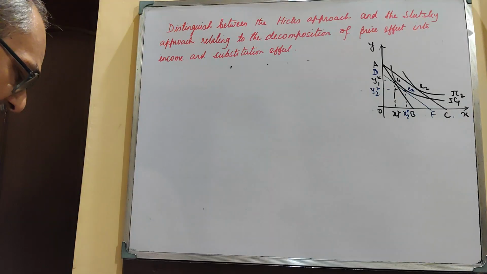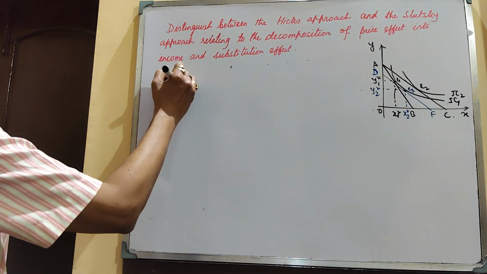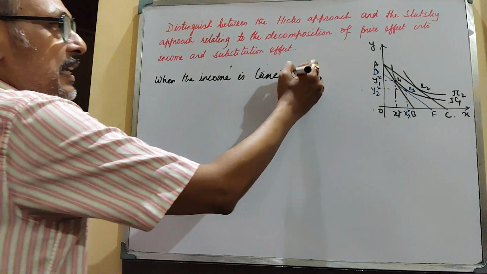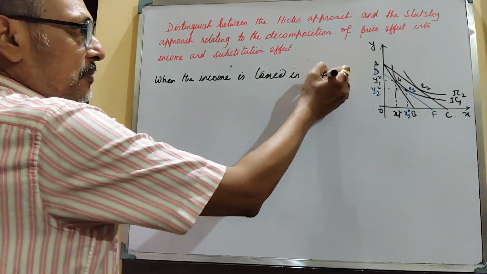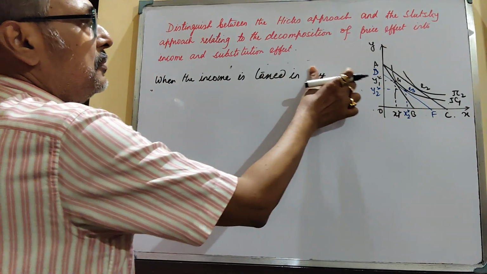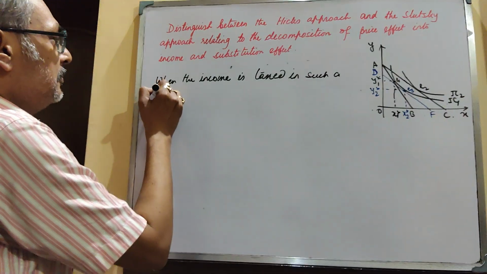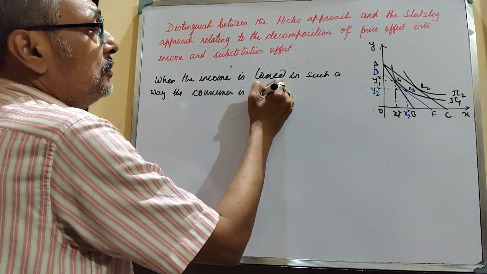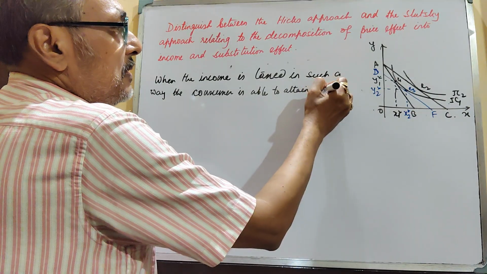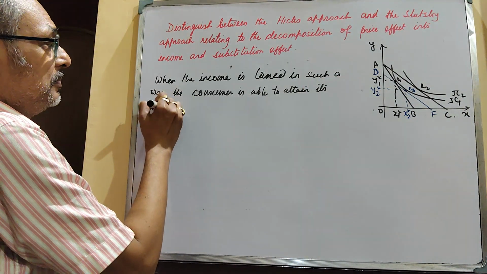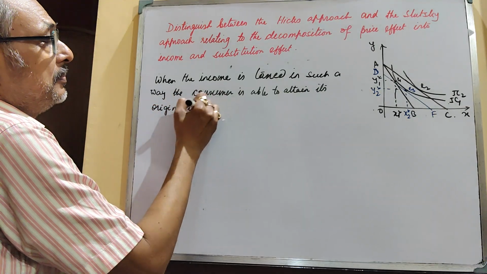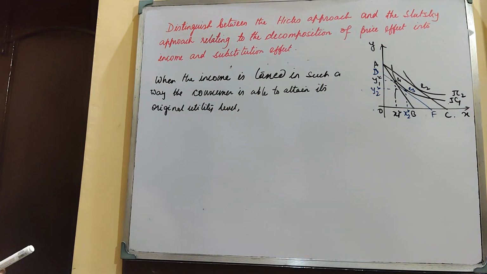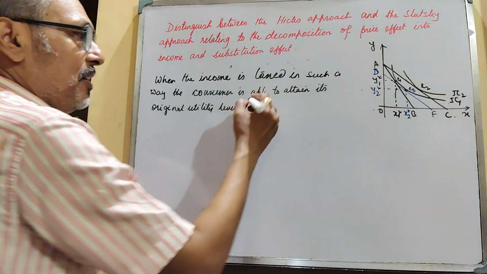When the income is taxed in such a way that the consumer is able to attain its original utility level, the consumer attains equilibrium at E3.